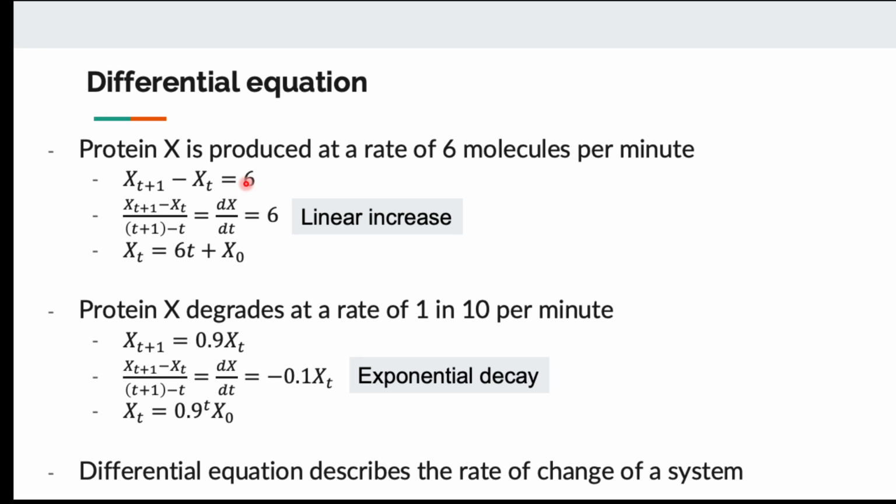It's produced at the rate of 6 molecules per minute. So this is just a difference between the number of protein in the next minute versus now.